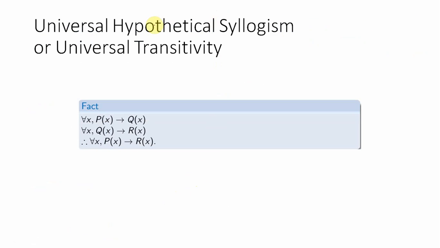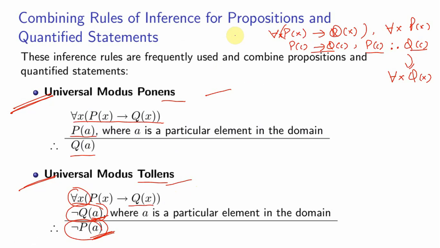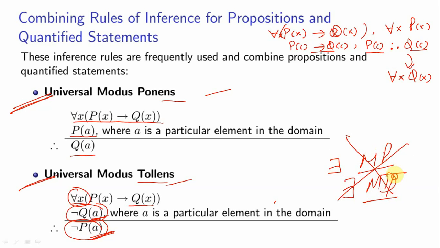Similarly, I can also define universal hypothetical syllogism. Please understand, I cannot define existential modus ponens or existential modus tollens. They cannot be defined. Modus ponens or modus tollens will only work for universal quantification.